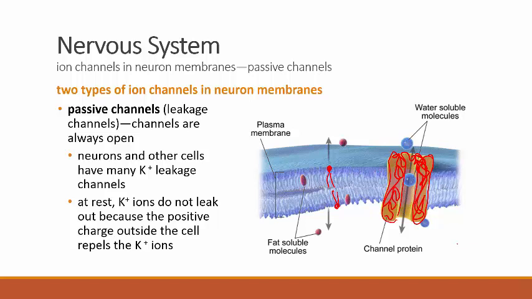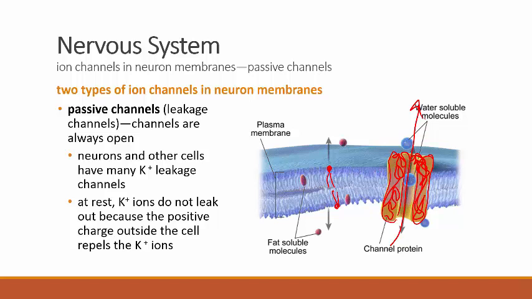So neurons, and other cells as well, but since this is really about neurons that we're talking, they have lots of passive channels, or sometimes they're called leakage channels. These are just channels that never close. They're always open. And so if there is a chemical gradient, then ions, like potassium, are capable of diffusing from one side of the membrane to the other, following that concentration gradient, moving from areas of high concentration to areas of low concentration.